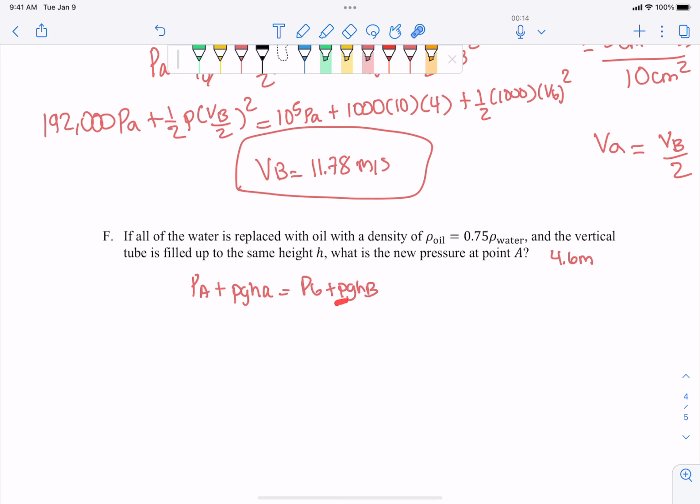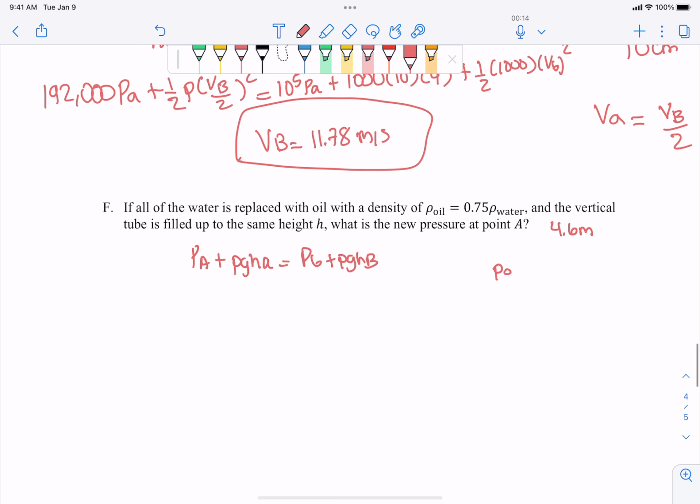And then looking at the density here, the density of oil should just be equal to 0.75 times the density of water, which is 1,000. So that means that the density of oil will be like 750 kilograms per meter cubed, right? So given that information, I can just figure out the pressure at point A by plugging some values in.